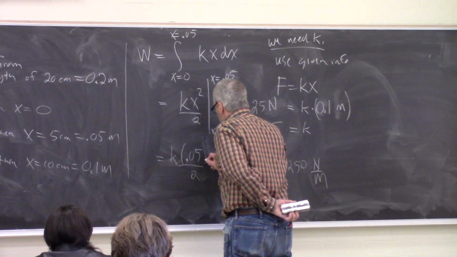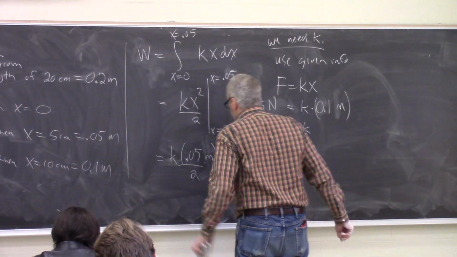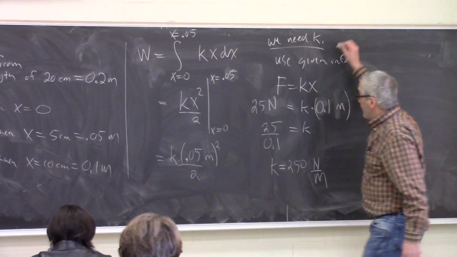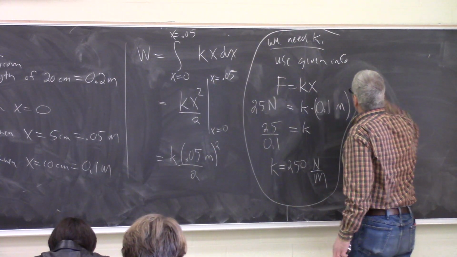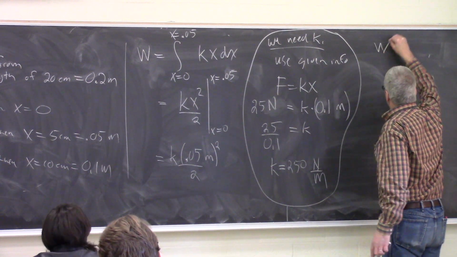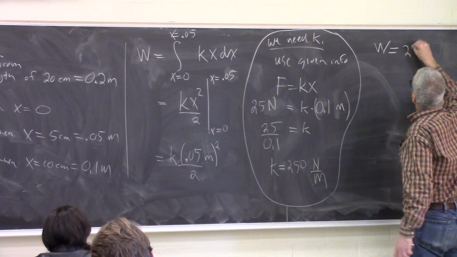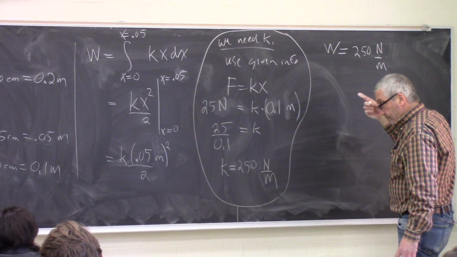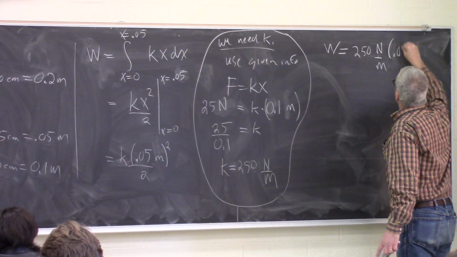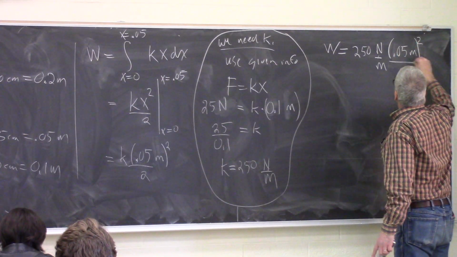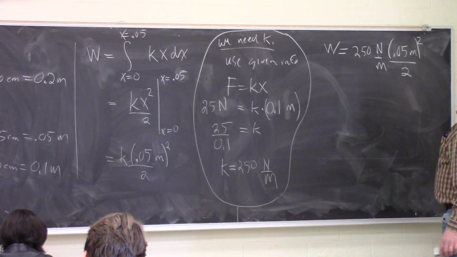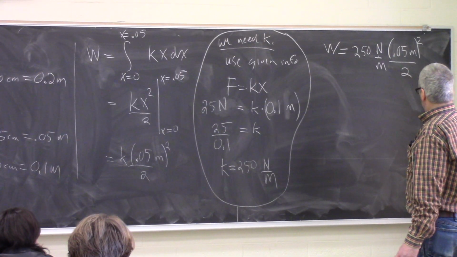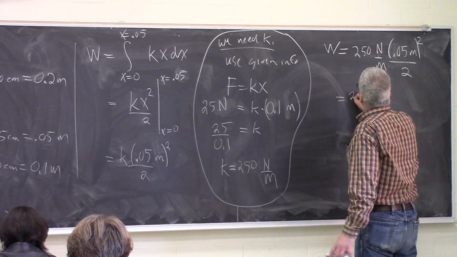That's 0.05 meters being squared. If I take this k and put it into the formula for W, I get W equals 250 newtons per meter times 0.05 meters squared over 2. So I end up with 250.